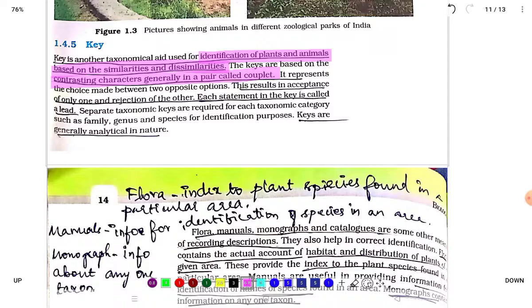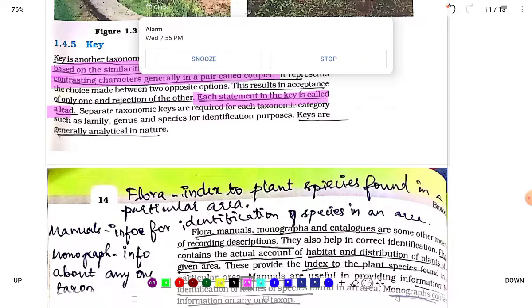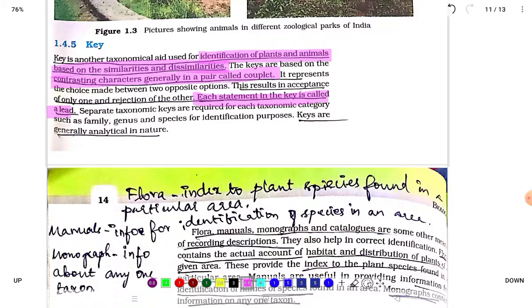Each statement in the key is said to be a lead. Keys are based on contrasting characters, generally in a pair, which is called a couplet, and each statement in the key is a lead.